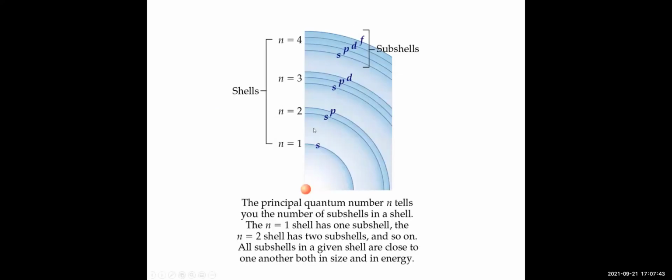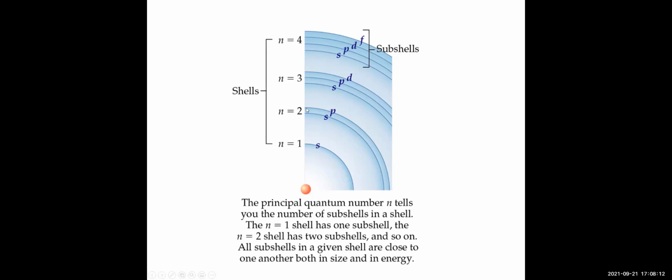Okay. So it's good as a mental model to think of the shells as being divided into subshells. This is not a very good picture of what orbitals look like at all, but it effectively shows how this works. You'll notice on the first shell, you have one kind of subshell called S. We call that the 1s subshell.